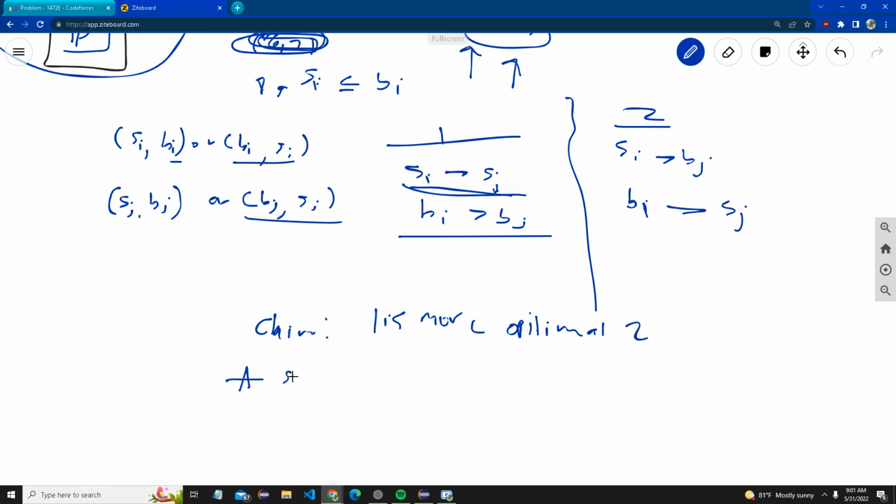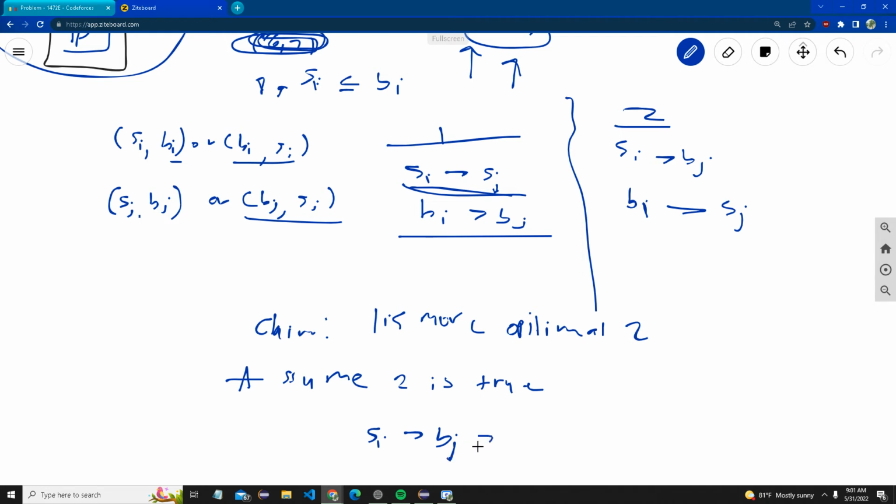Assume that two is true. If you assume that two is true, then you have S sub i is greater than B sub j, because these are the conditions in two.